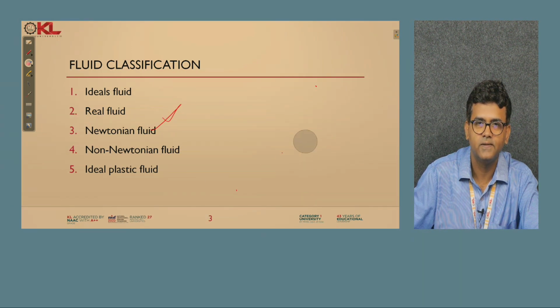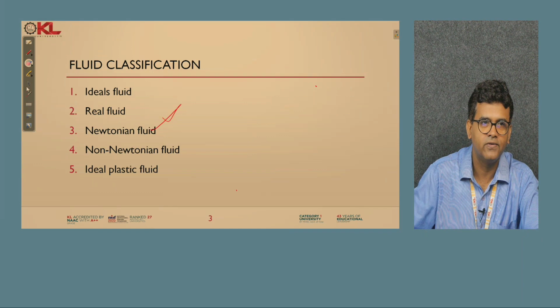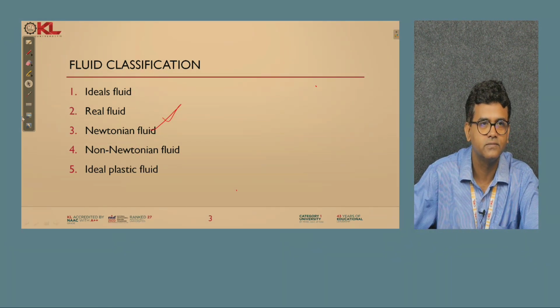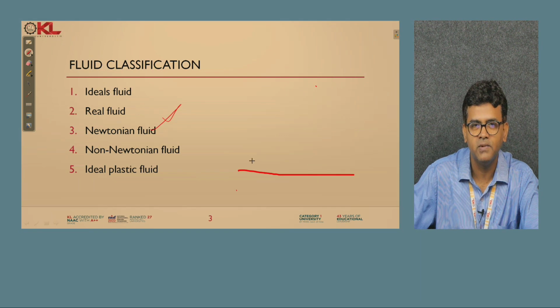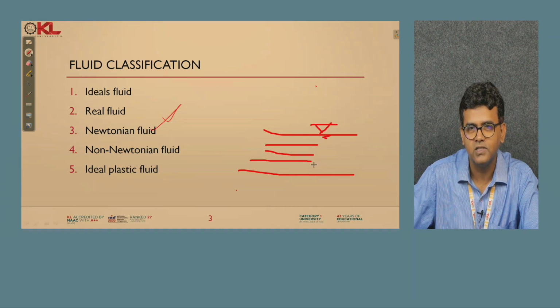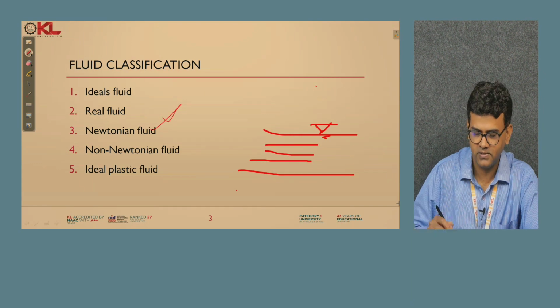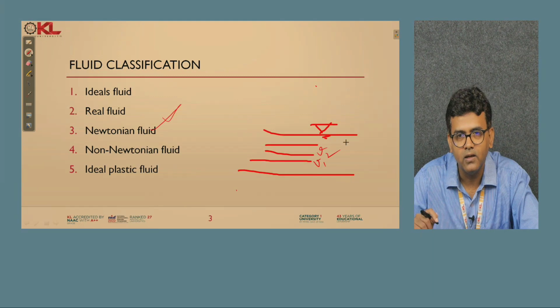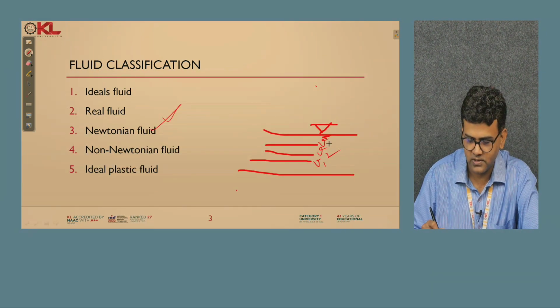It is having different fluid layers. Suppose this is the top surface of flow. This is having the velocity v1, this is having the velocity v2, and suppose this is v3.